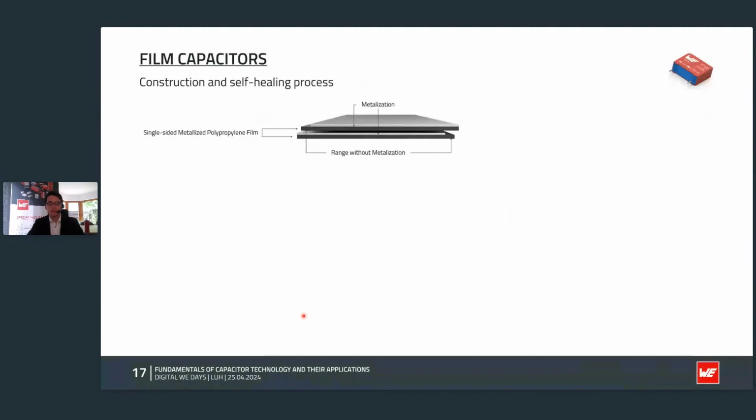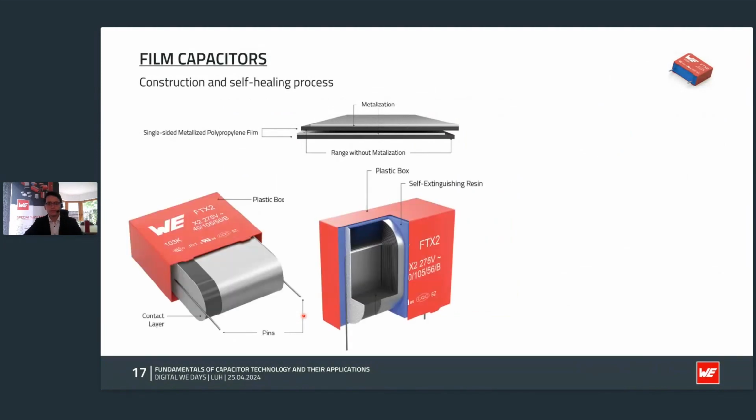So let's talk a little bit more about the inner construction and also the self-healing process. Maybe to show you the inner construction of an X2 capacitor from our side. You can see here the winding, which is based on this inner structure.